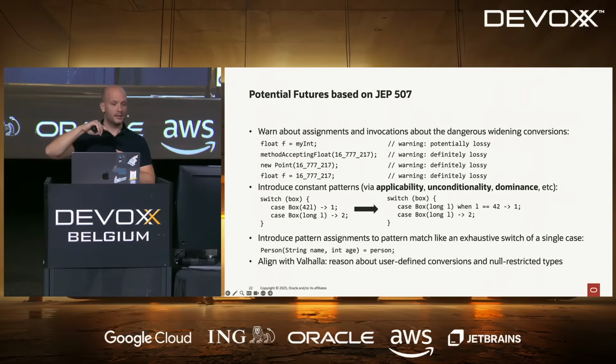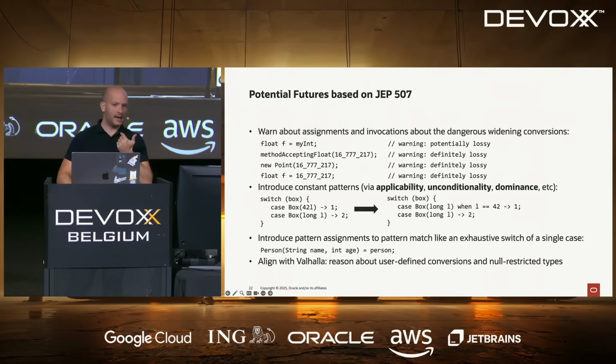And this can be semantically equivalent with an exhaustive switch with one case. Because if this compiles, it needs to correspond to a switch with one case. So exhaustiveness plays a huge role here.